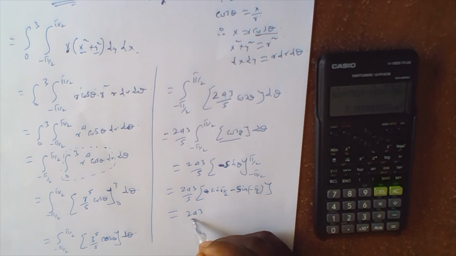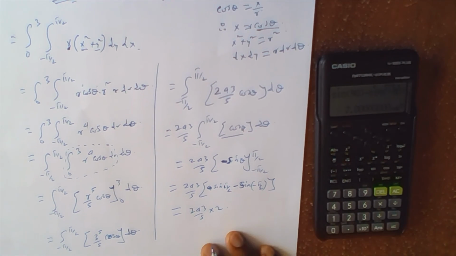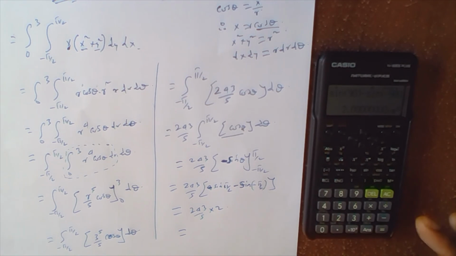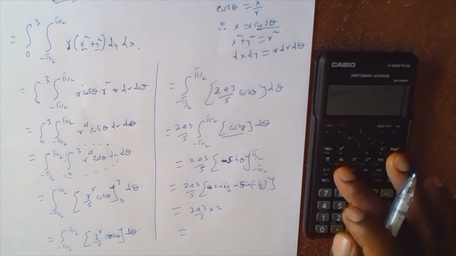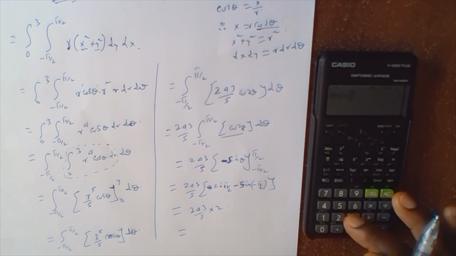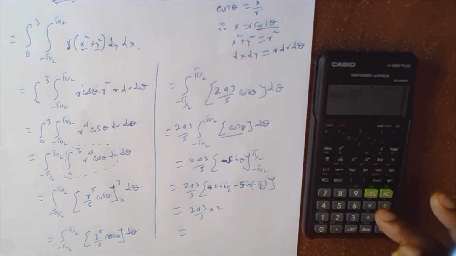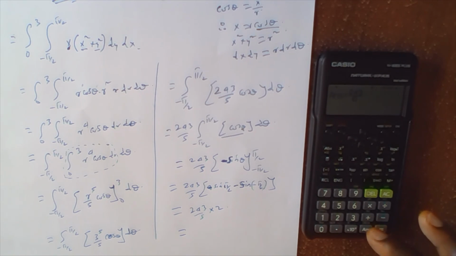So 243 over 5 times 2 equals 486 over 5. Thank you for watching my video.